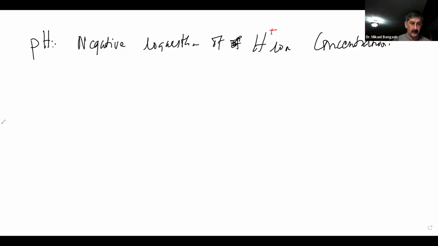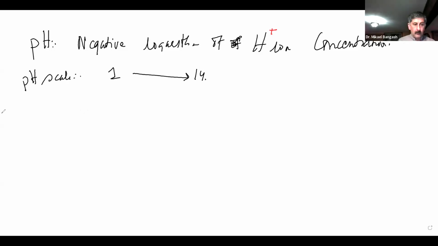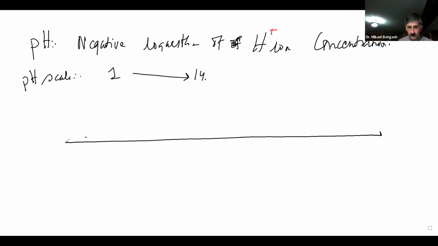Now what we did was we had a scale. We actually have something that we call the pH scale, which goes from 1 to 14. The highest pH is 14. The lowest pH is 1.